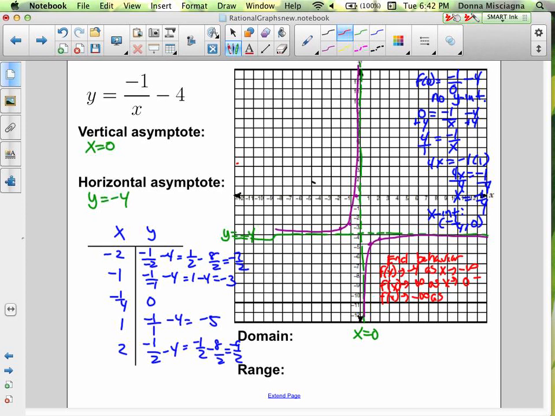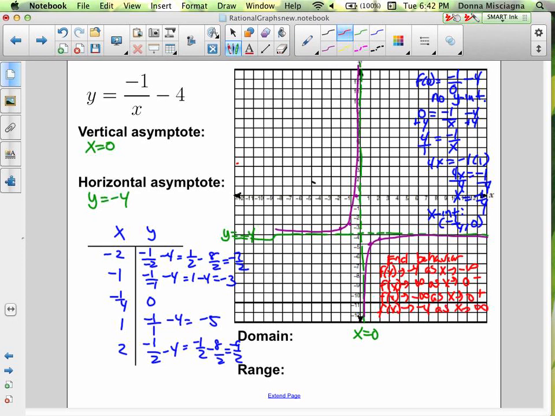So f of x approaches -infinity as x approaches 0 from the right-hand side. F of x approaches the horizontal asymptote -4 as x approaches positive infinity.